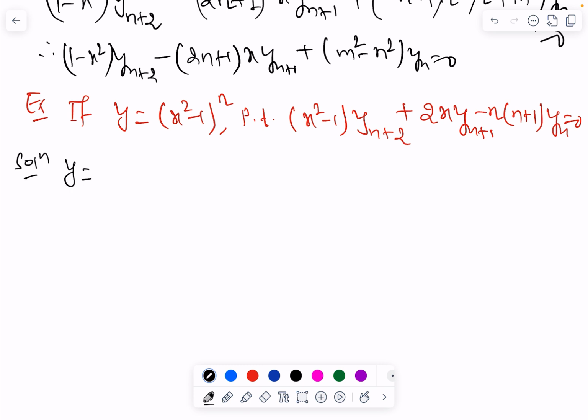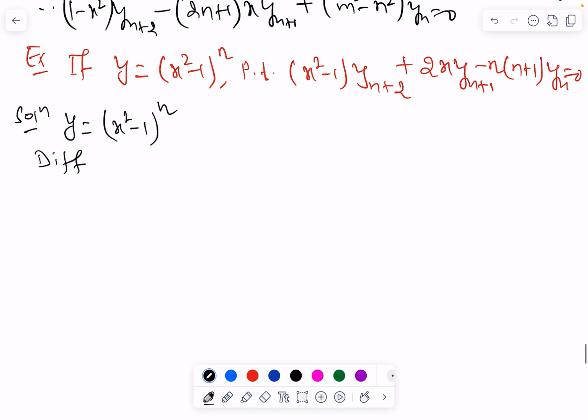So y equal to (x square minus 1) power n. So let us take the derivative. Differentiate. We have y1 equal to n (x square minus 1) power n minus 1, and then derivative of x square minus 1 is 2x.